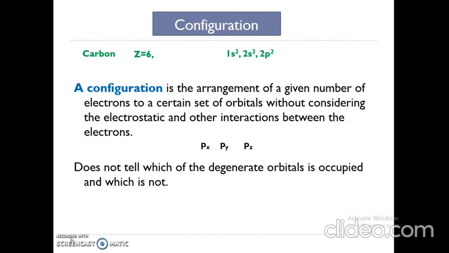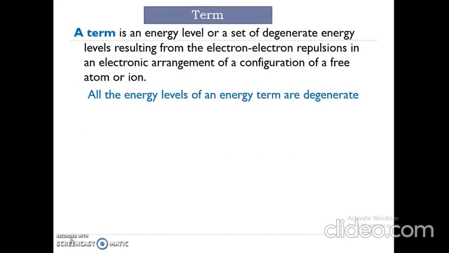Now, if we consider the interelectronic repulsion between the electrons in a configuration, each of the energy levels in a configuration will split again to give a number of energy levels. We call these terms. So, a term is an energy level or a set of degenerate energy levels resulting from the interelectronic repulsion of a configuration of a free atom or ion.